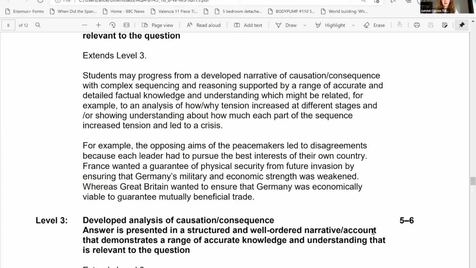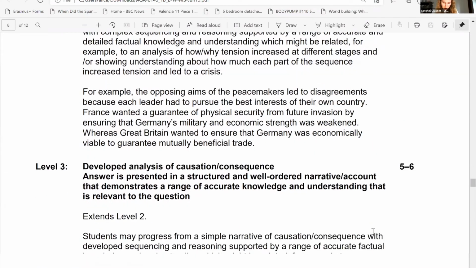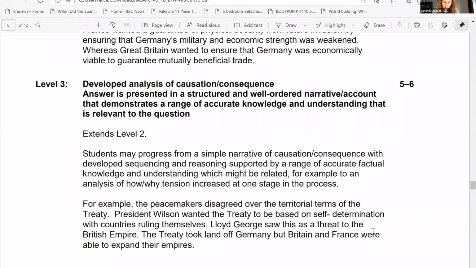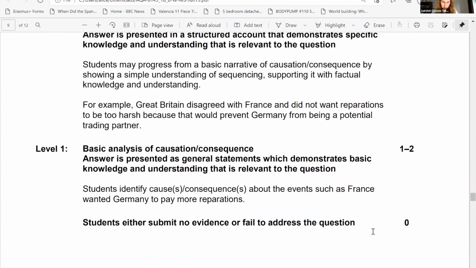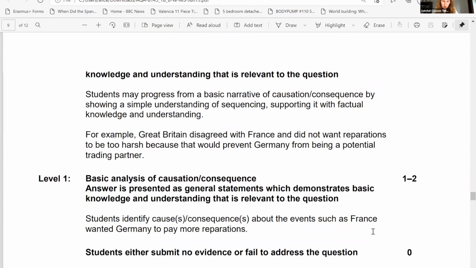So in our question, we're analysing how or why Hitler came to power because of the Depression. And then the difference in level 3 is we've got a developed sequencing, so that's about the chronology and the way that you're linking your points. For level 2, we've got simple, and level 1, we've got an identity.